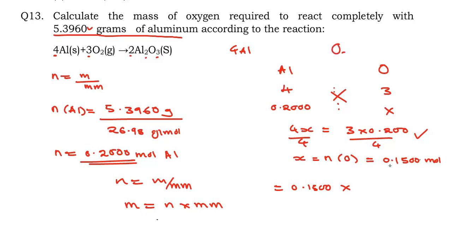So oxygen is not in its atomic form. It is in its molecular form. So we have 16 for a single atom of oxygen. Since we have 2 here, we multiply by 2, so we have 32.00.